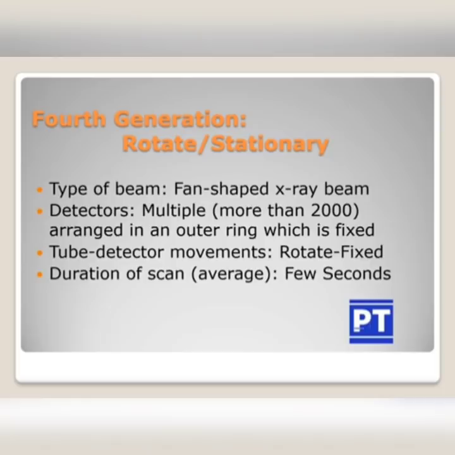The detectors have increased to more than 2000, arranged in an outer ring which is a fixed detector. So what is stationary? The detectors are stationary and the X-ray tube is rotating, and the tube detector movement is rotate fixed. The duration of this scan is on average a few seconds.